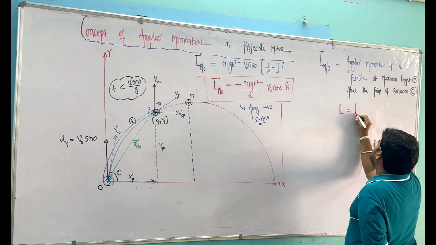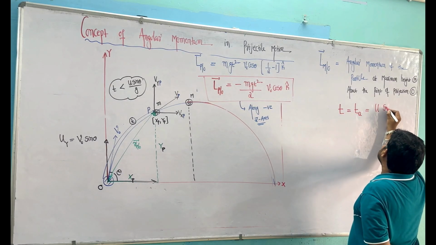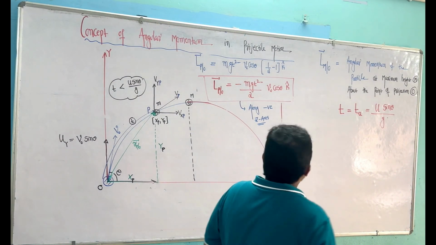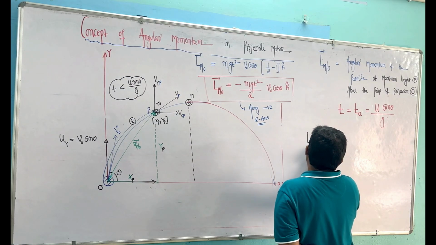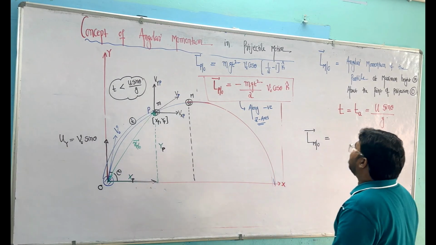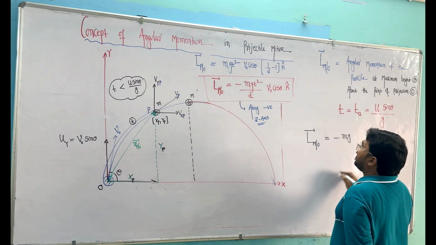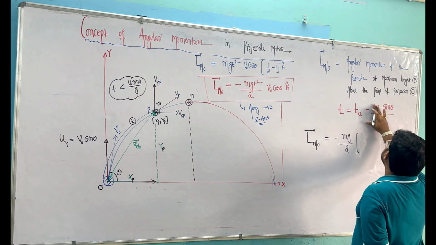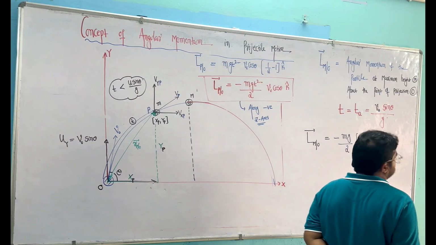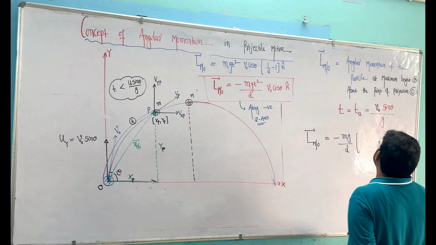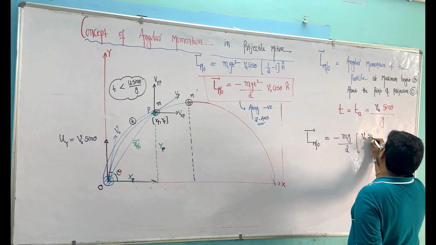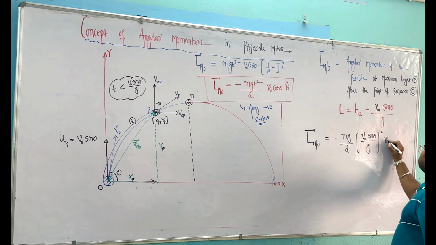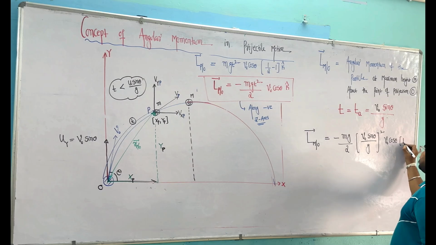Time of flight is 2 u sin theta by g, so time of ascent equals u sin theta by g. Substitute T equal to time of ascent. Then what will you get? L about point O equals minus m g by 2 into V0 sin theta by g, whole square, into V0 cos theta k cap.